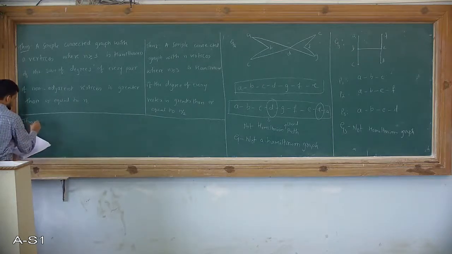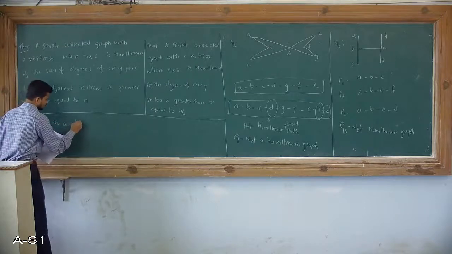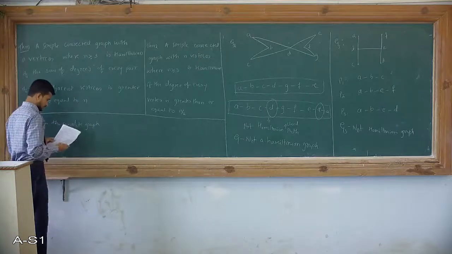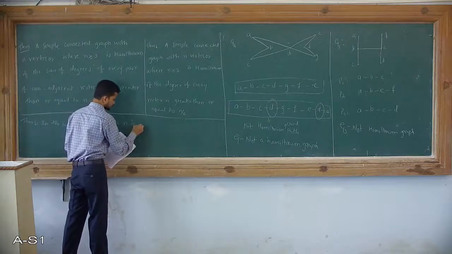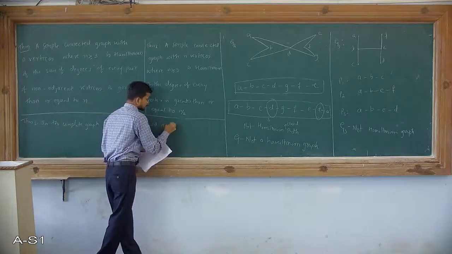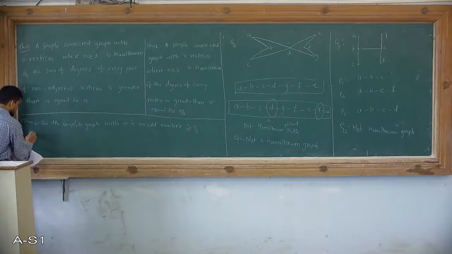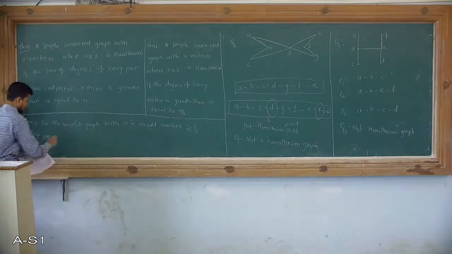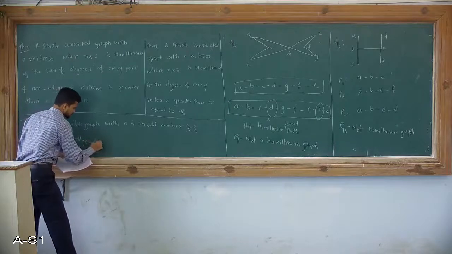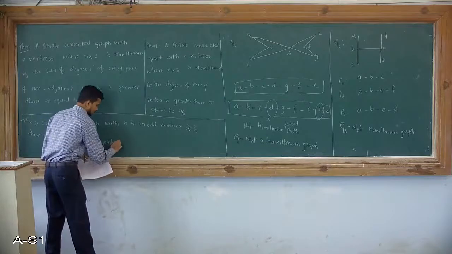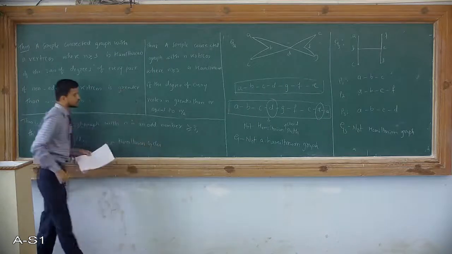Theorem 3. In the complete graph with n an odd number greater than or equal to 3, there are (n minus 1) divided by 2 edge-disjoint Hamiltonian cycles.